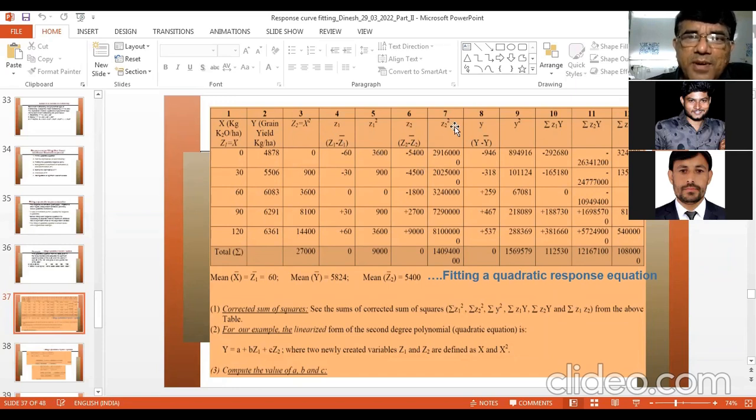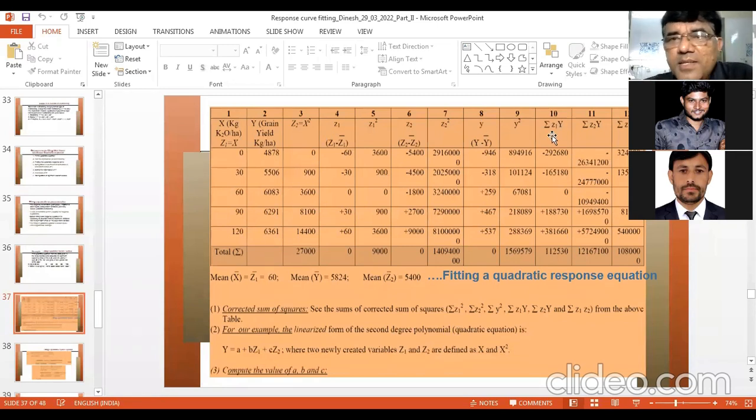Then column number 7, you square column number 6. And then column number 8, y minus y bar: you subtract the mean from column number 2. You get these values in plus and minus, and then square. This is the total sum of squares, column number 9: square column number 8.